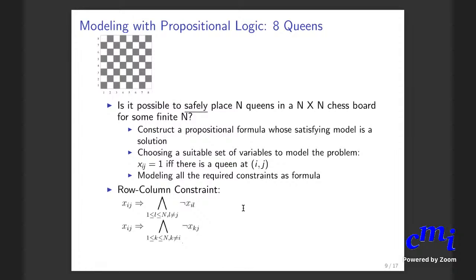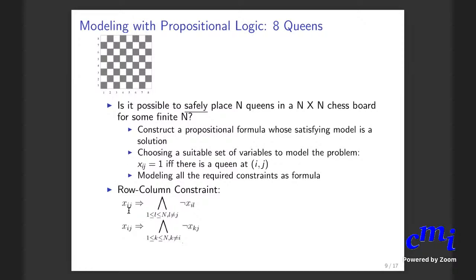So I'll give modeling of one such constraint now, and I will leave it as an exercise for you to model all the other constraints to model this problem completely.